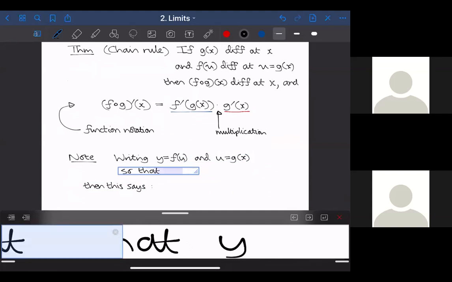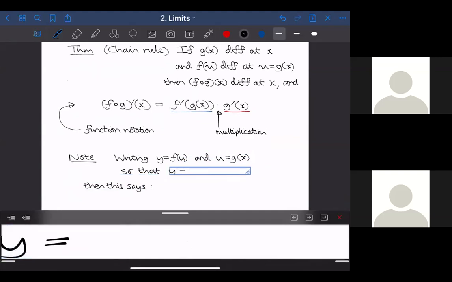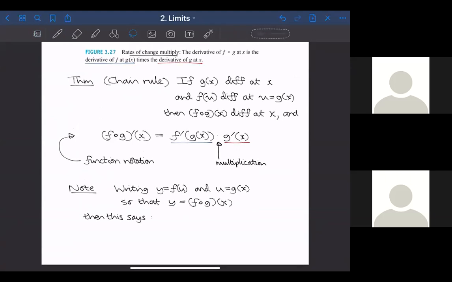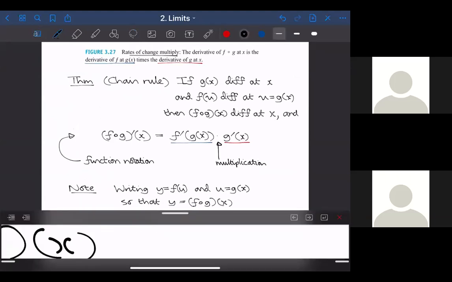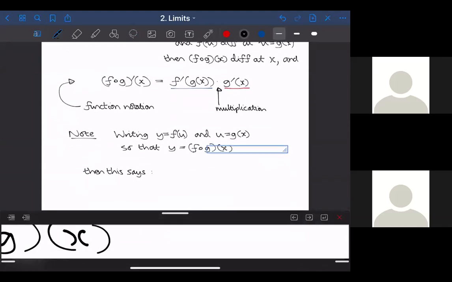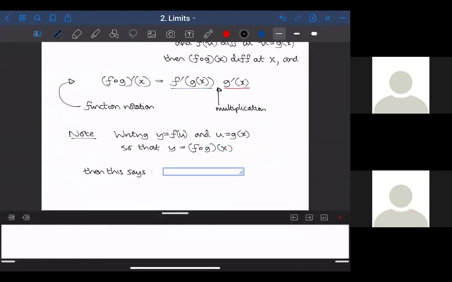So that y is given by the function g then f. So f circle g is g then f, and that's applied to x. So what does this say?